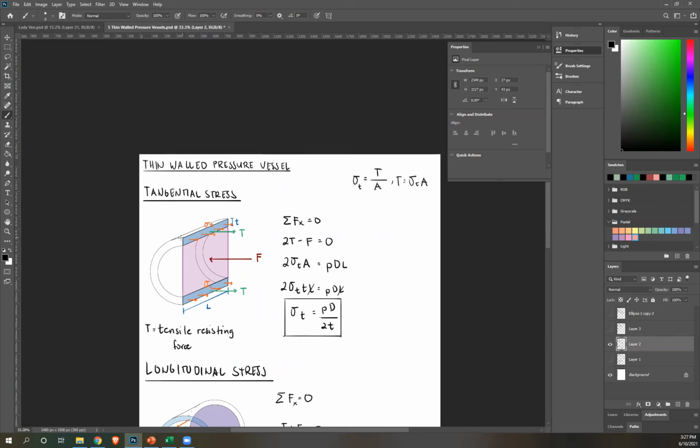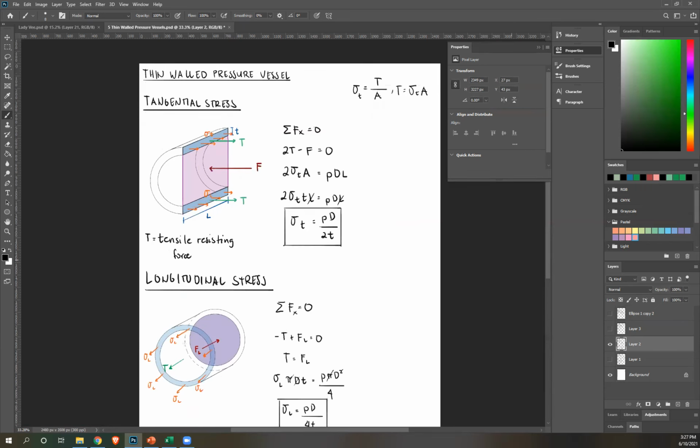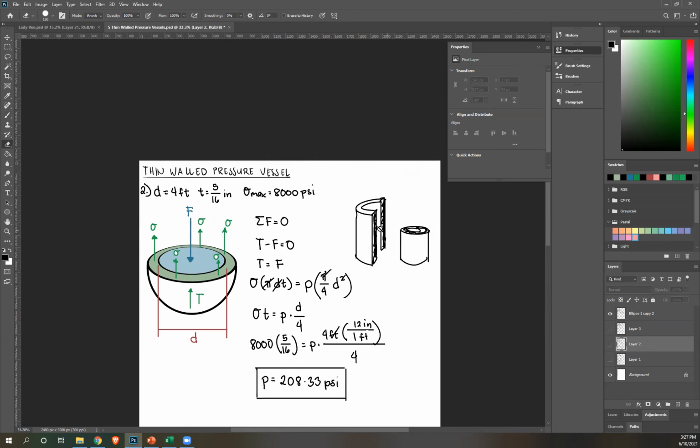So this is your vessel, your forces are tangent. So tangent is like this, right? And then this is longitudinal because these stresses, if you look at it from the front, are along the length, follows the direction of the length of your vessel. Right? Okay? That's the difference. So now you know, again, tangential, longitudinal.